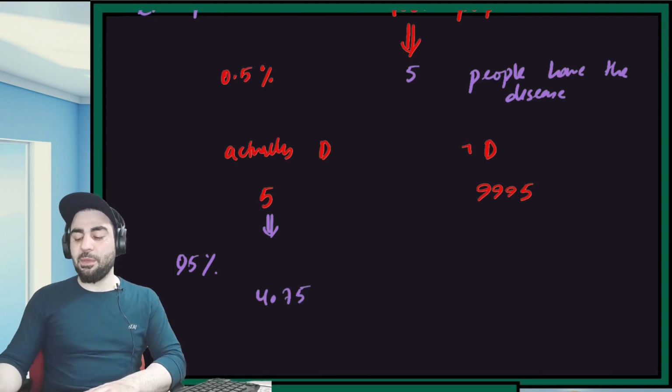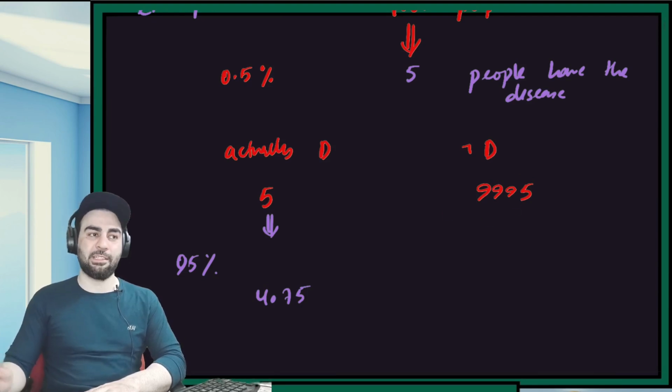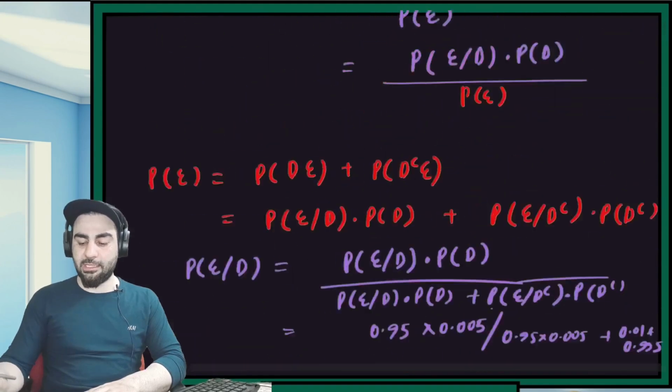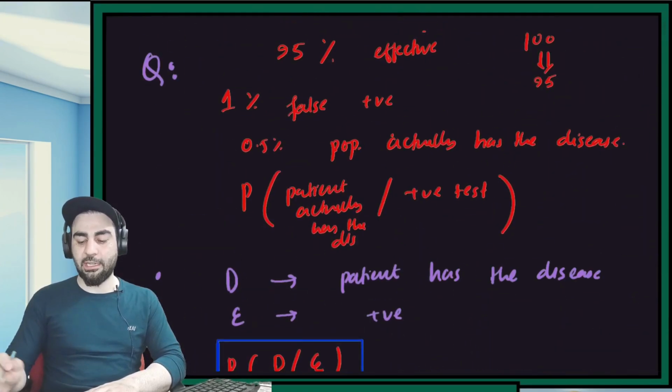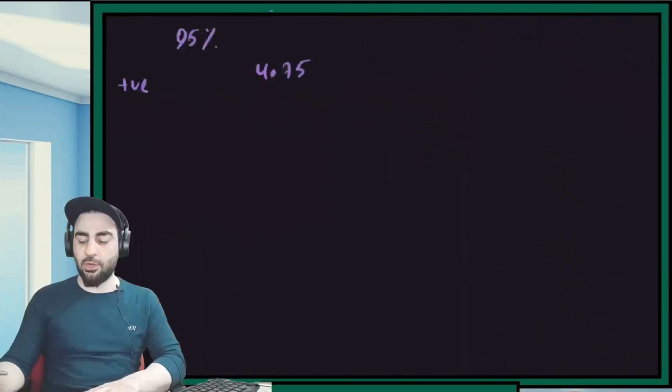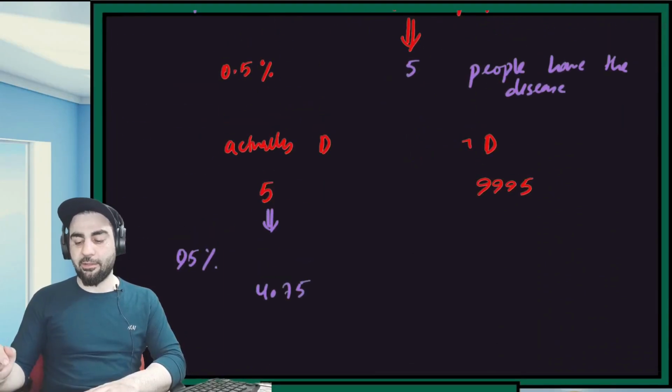Among the others, when they get tested, how many percent will still be told that they have the disease? That is the false positive rate, 1% of the people. So what is 1% of 9995?